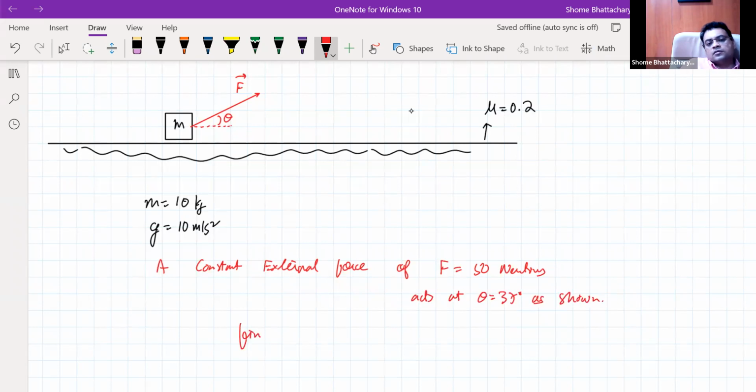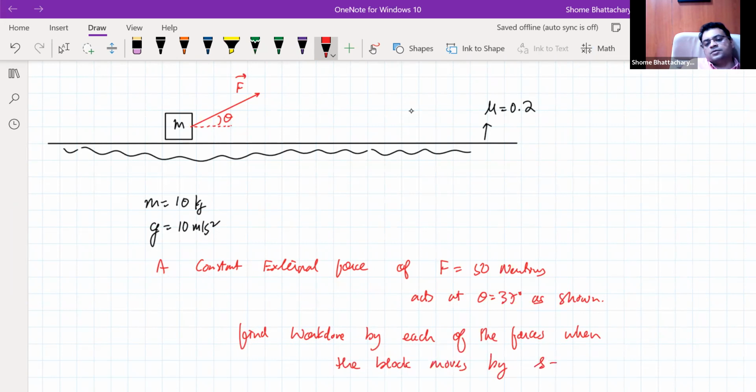So find the work done by each of the forces when the block moves by, let's say, a displacement of 10 meters.